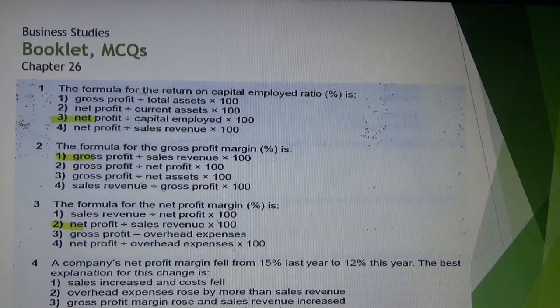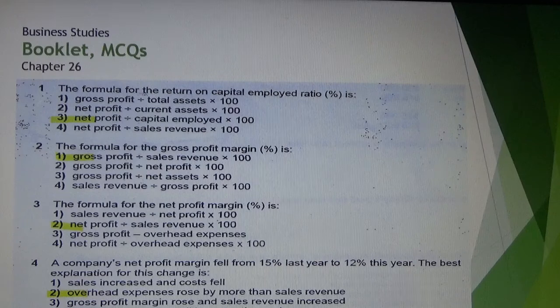Number 4, a company's net profit margin fell from 15% last year to 12% this year. The best explanation for this change is overhead expenses rose by more than sales revenue. With reference to page 314.